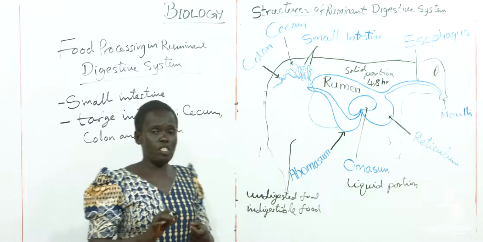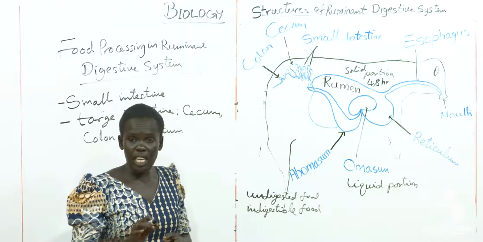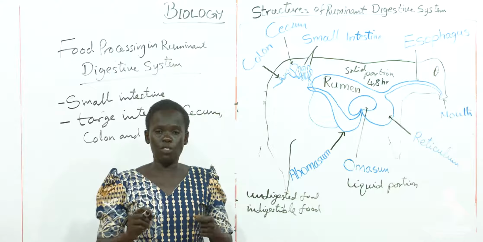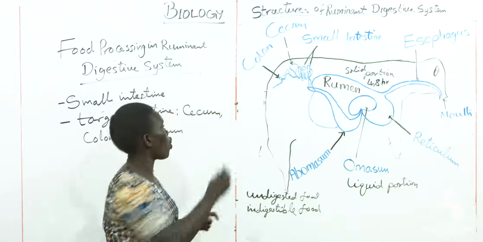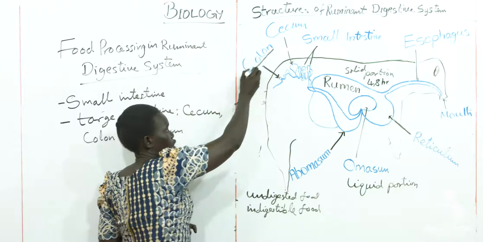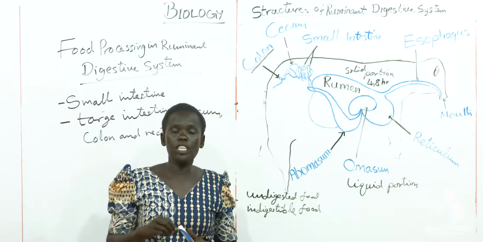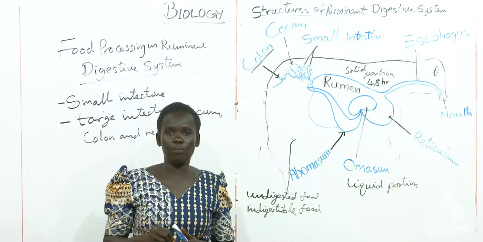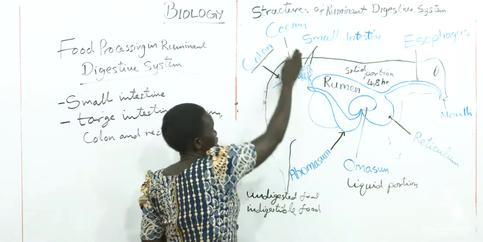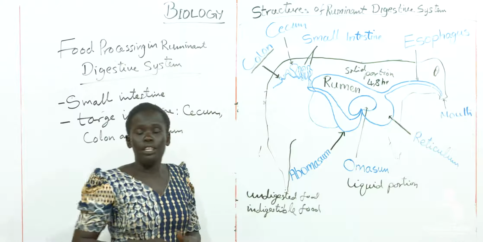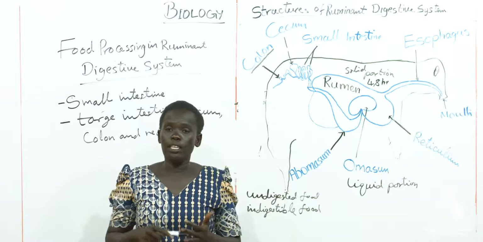And the part which is specialized in water absorption in the large intestine is the colon. Cecum is just receiving the waste material from the small intestine.